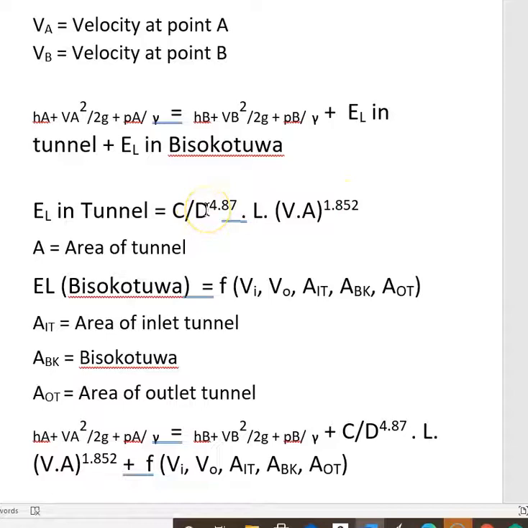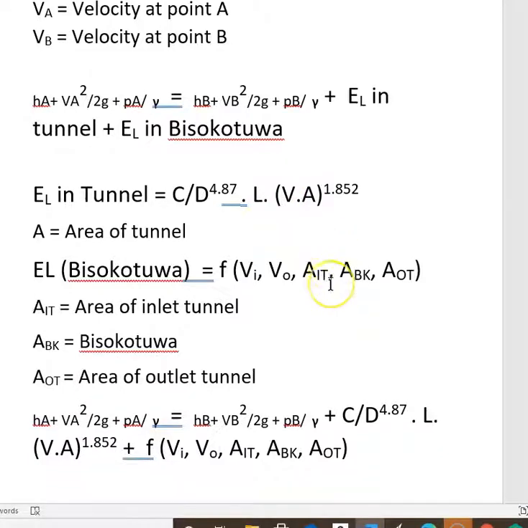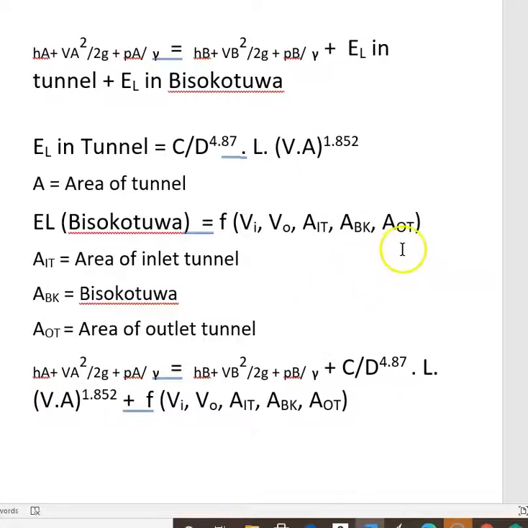This is the diameter, or if it's rectangular, you could take the cross width, and the area of the tunnel, V is the velocity, L is the length. The problem is finding the energy loss in the Bisokotuwa, and it's a function of inlet velocity, outlet velocity, area of the inlet tunnel, area of the Bisokotuwa from the plan view, and area of the outlet tunnel.